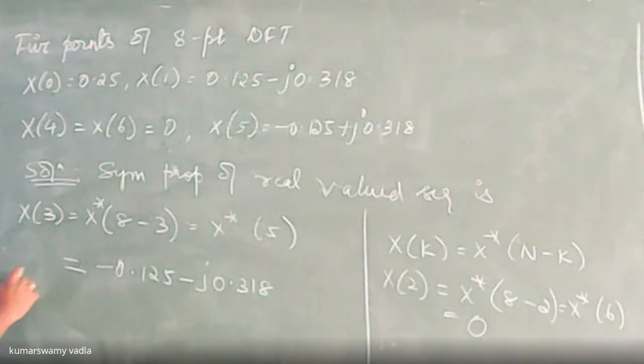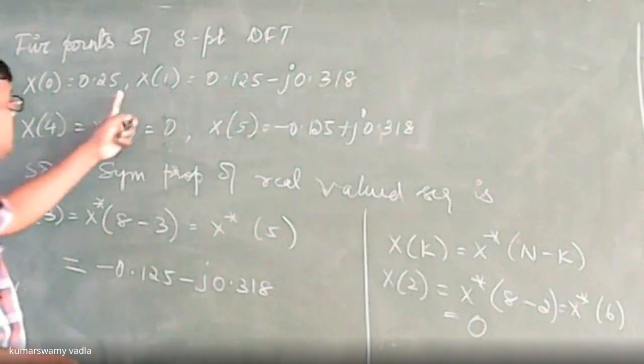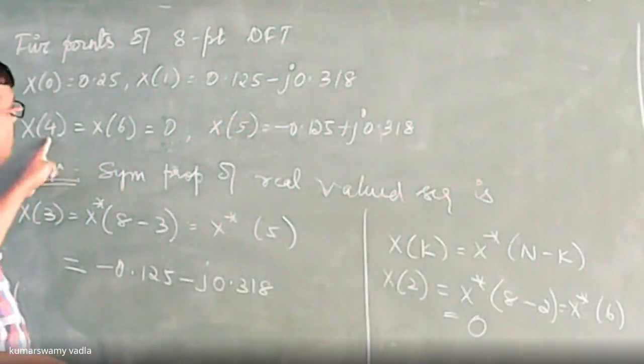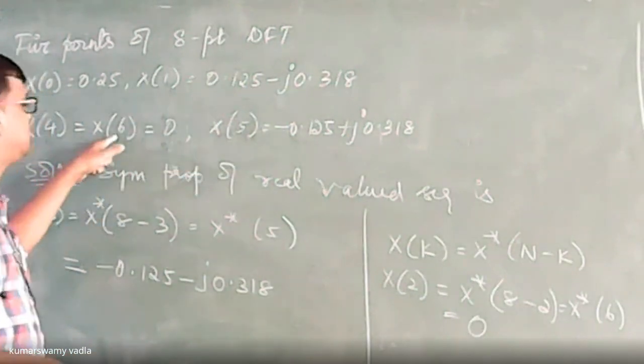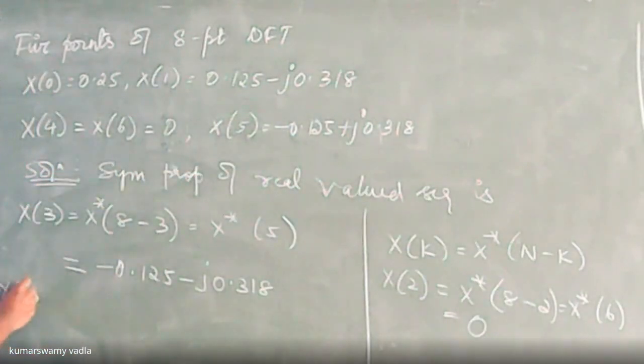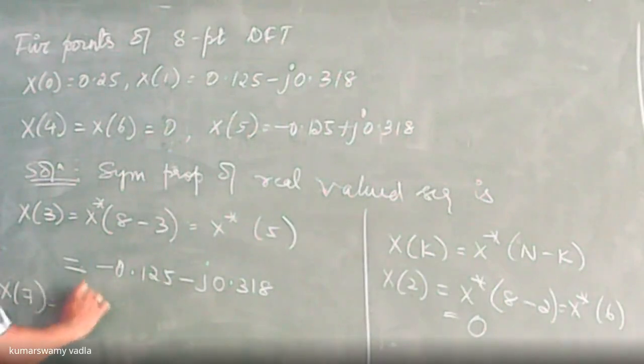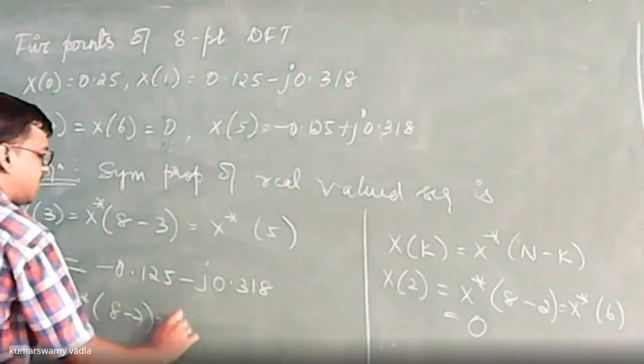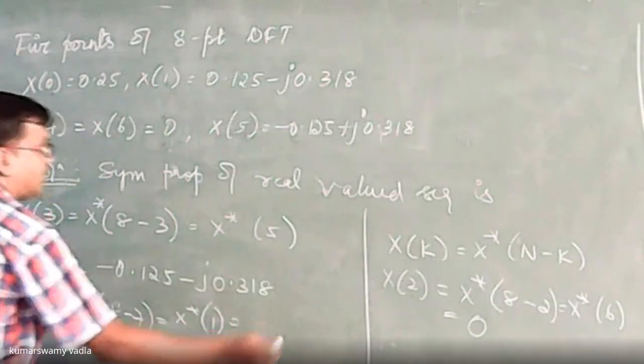Similarly, 0, 1, 2, 3 is over. 4, 5, 6 is over. The last one is 7. X of 7 is equal to x conjugate of 8 minus 7, which is x conjugate of 1.